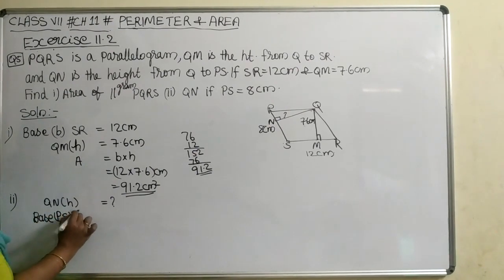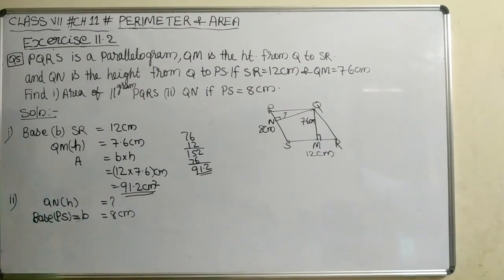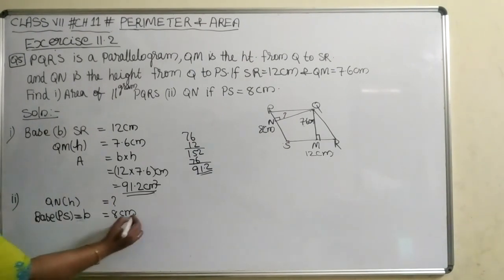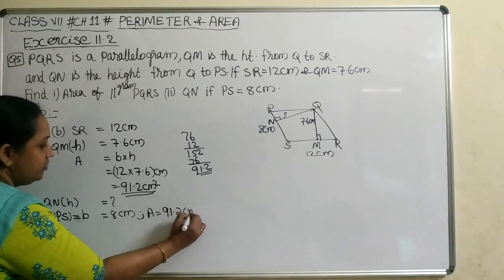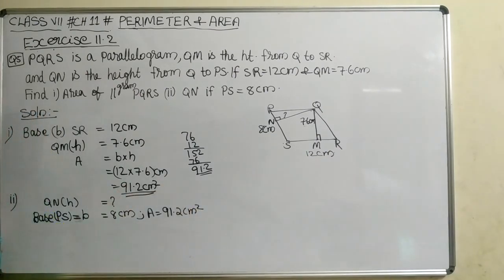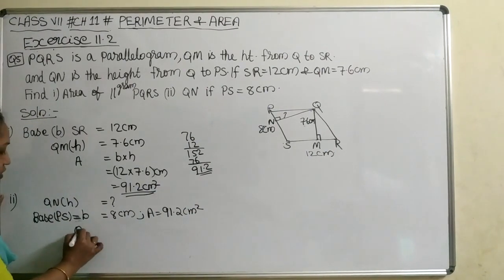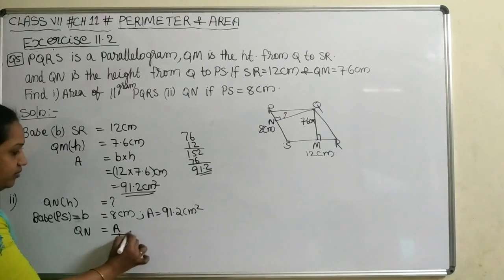Base PS, that is given as 8 centimeter. So children, what is the formula of height of a parallelogram? If we know the area is 91.2 centimeter square, height is area divided by base. So we can write QN equal to area divided by base.